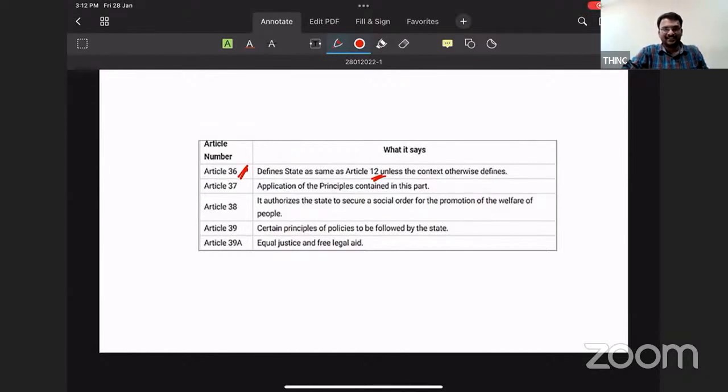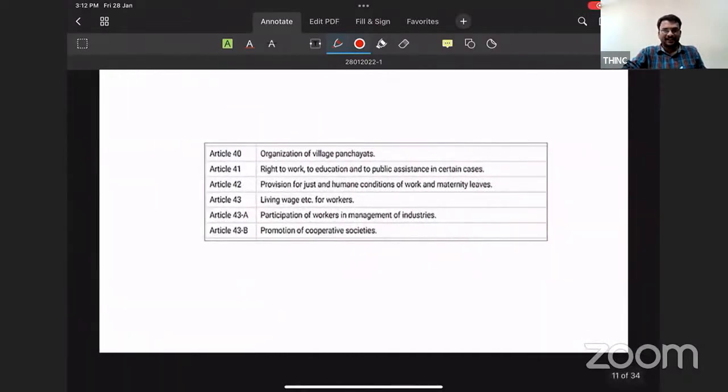The next one is Article 37, which is related to the application of the principles, how to apply the principles coming under this part, that means Chapter 4, DPSP, in lawmaking. Then there are other articles: 38, 39, 39A. 39A is demanding equal justice and free legal aid.